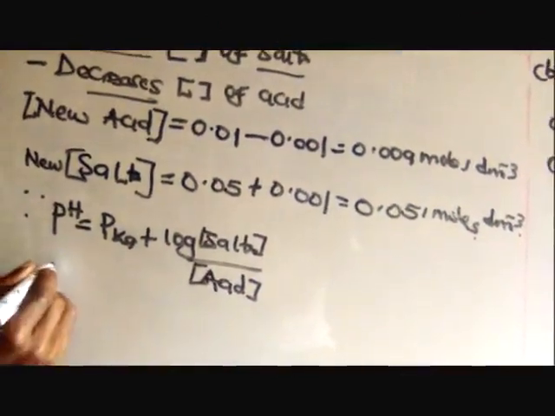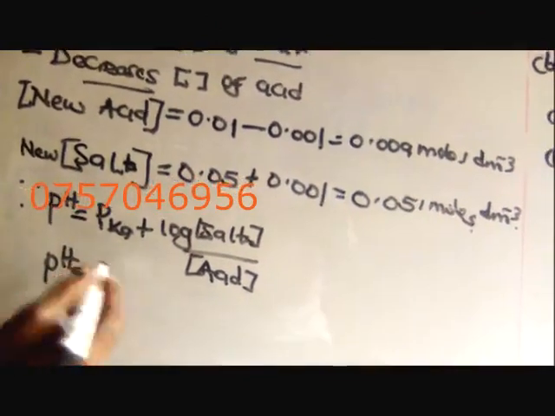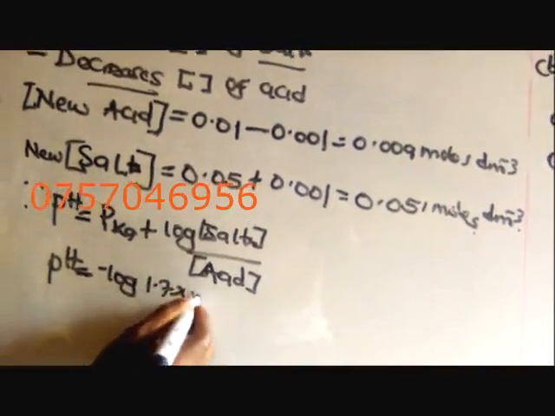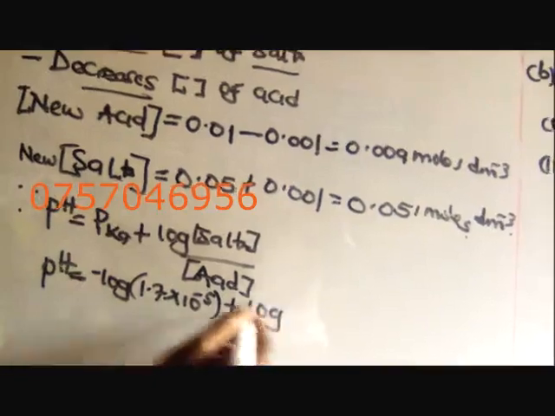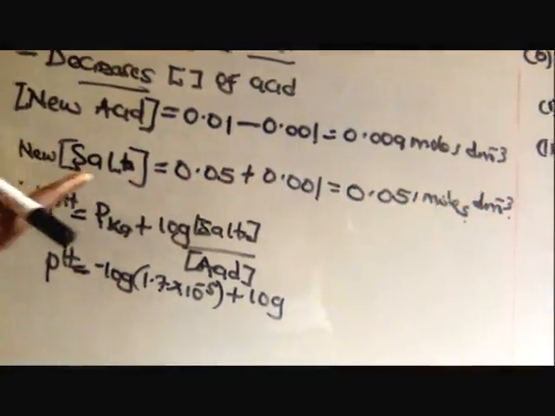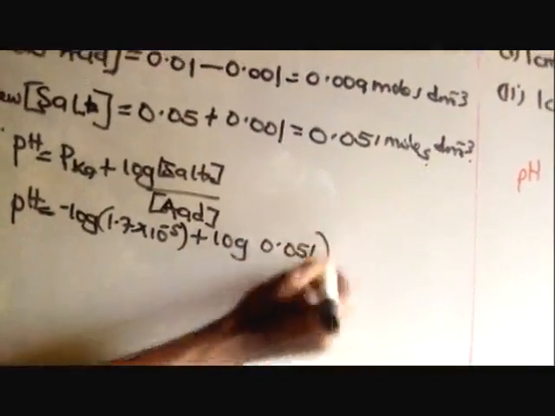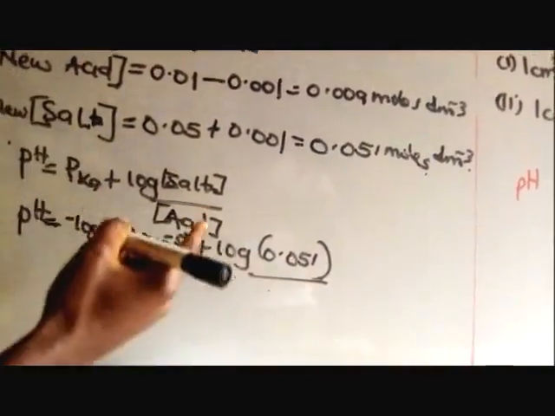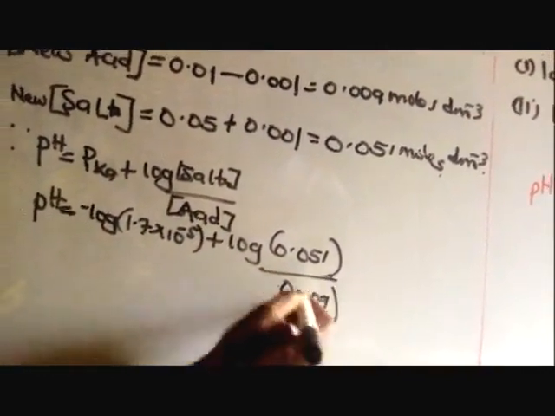Our pH therefore is going to be equivalent to negative log of Ka, which was 1.7 times 10 power negative 5, plus log of our new salt concentration, which we have got as 0.051, divided by our new acid concentration, which is 0.009 moles.